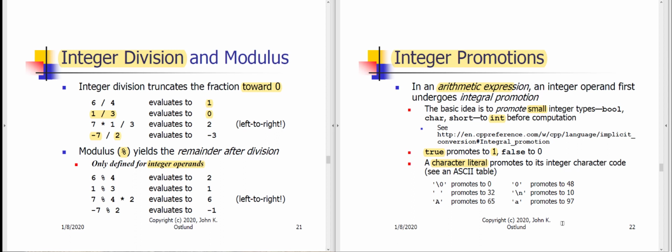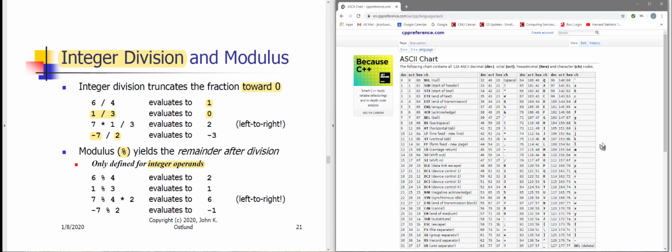Let me put back up this ASCII character set for a moment. Here we have the ASCII character set. So you can see, for example, that capital A has an integer value, a decimal value, of 65. Little a has a decimal value of 97, and so forth.